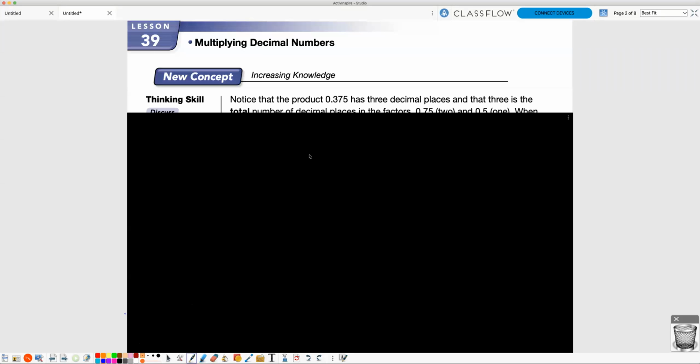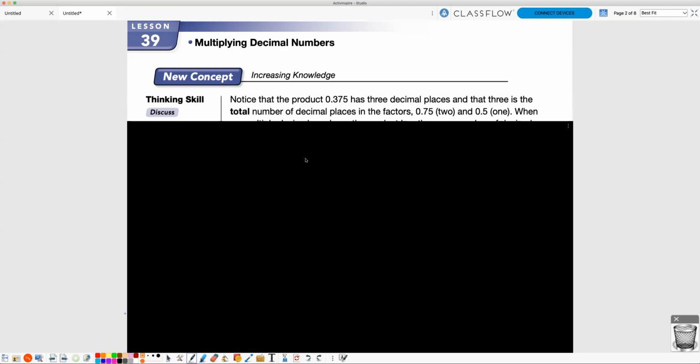You could have 375 thousandths as 3 decimal places, and that 3 is the total number of decimal places in the factors. Like 75 hundredths has 2 decimal places, 1, 2, and 5/10 has 1 decimal place.